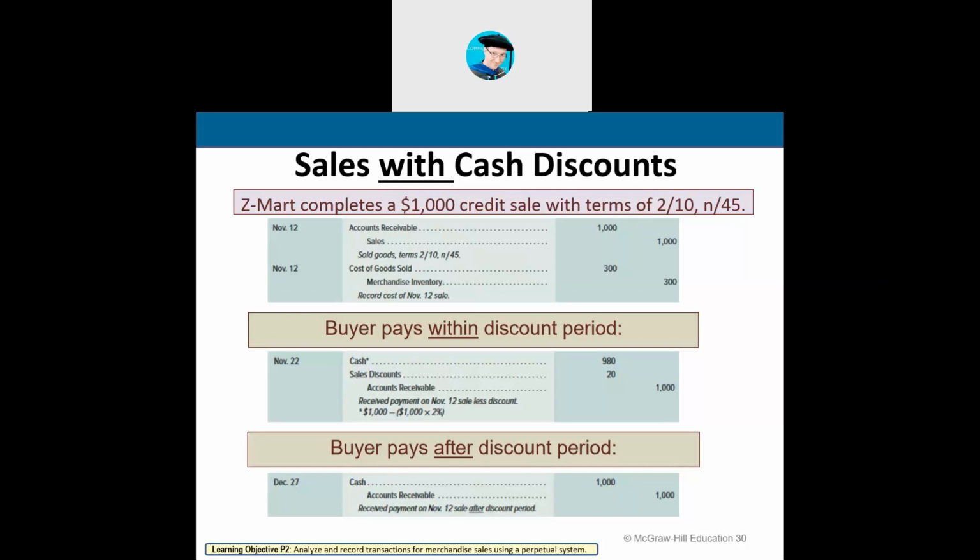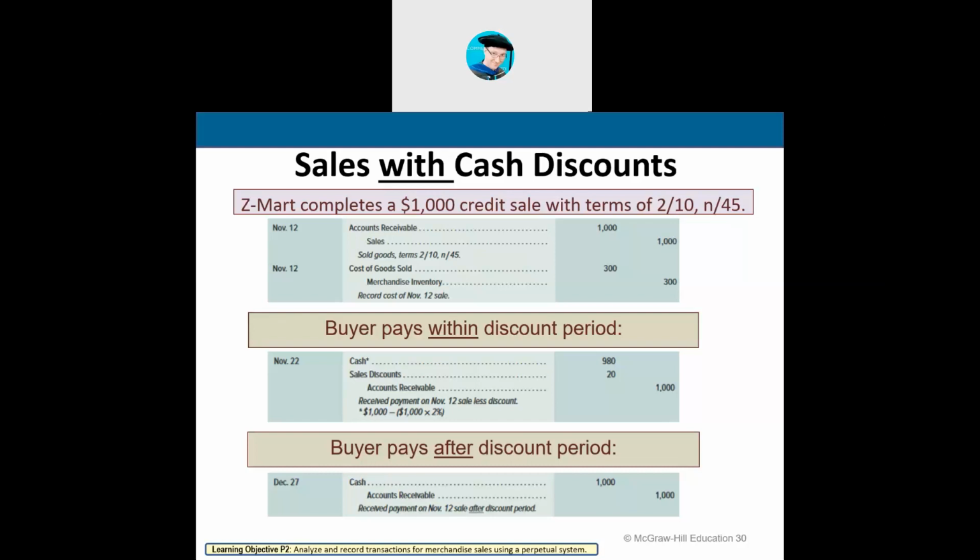First thing we do, we have to recognize that we made a sale on November 12th. Debit accounts receivable $1,000 to increase accounts receivable. Credit sales $1,000 to increase sales. 2/10, net 45 were the sale terms. We debit cost of goods sold $300 because the inventory we sold cost $300, and we credit merchandise inventory $300.